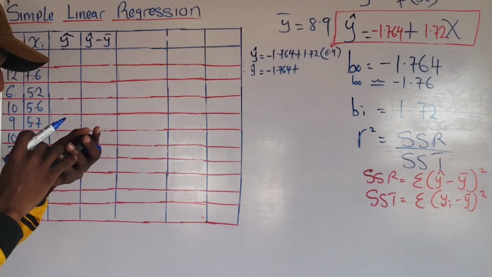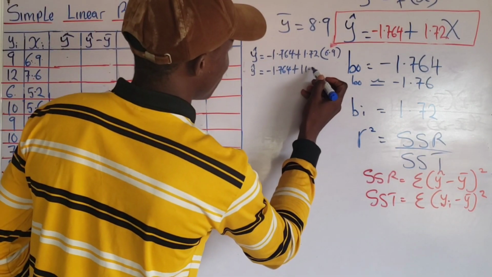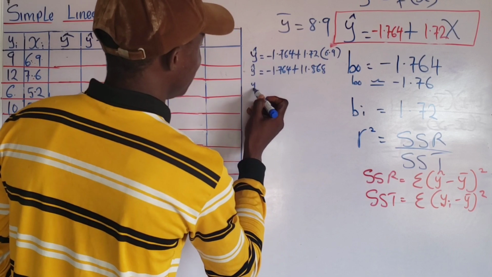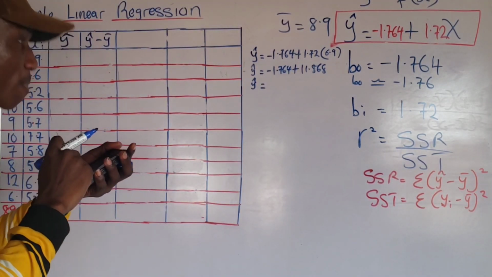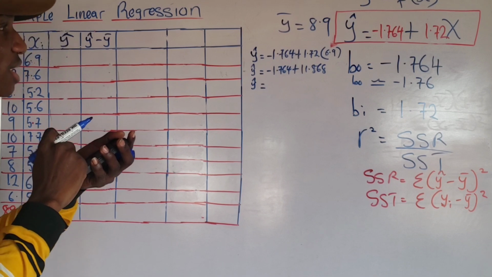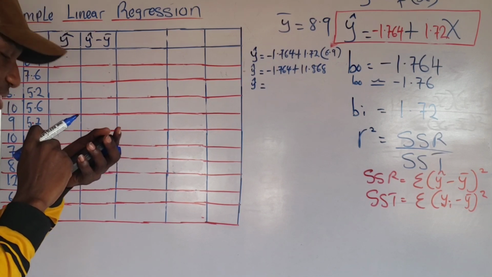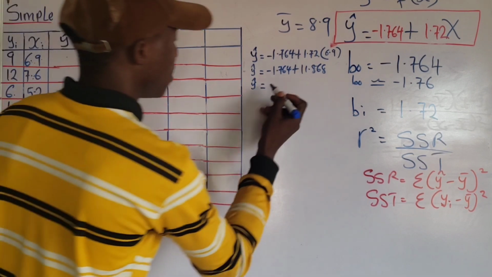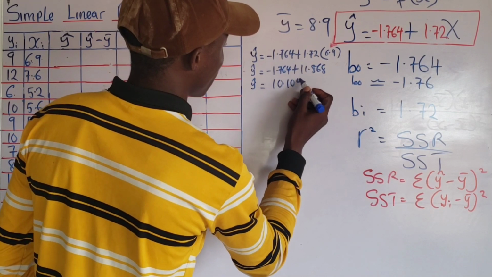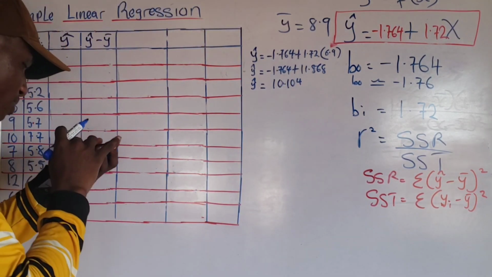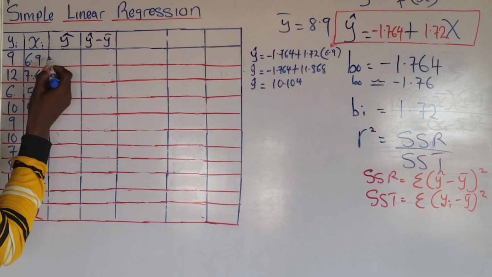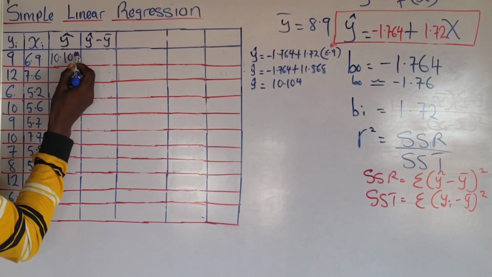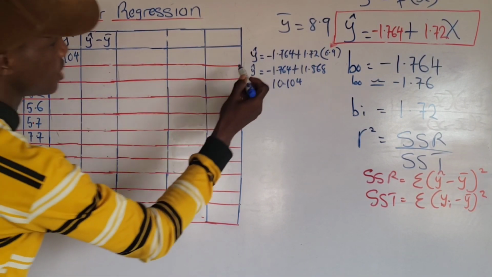That is 11.868. So the predicted value of y is negative 1.764 plus 11.868, that is 10.104. So here will be 10.104.